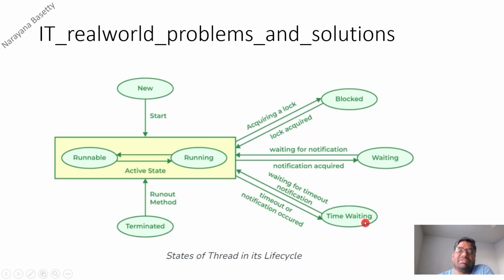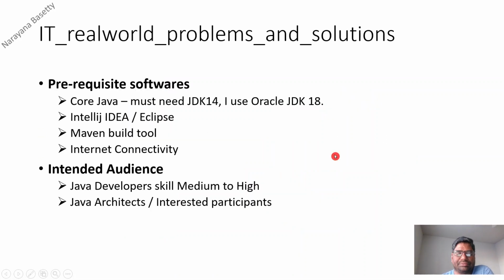Likewise, you have waiting for some milliseconds. You can also wait and notify so that it will be released. Likewise, you have the different blockings of a thread. Once your task has been successfully completed and that thread is no longer used, it will be automatically killed, or it goes to terminated status. That is how the life cycle of a thread works.